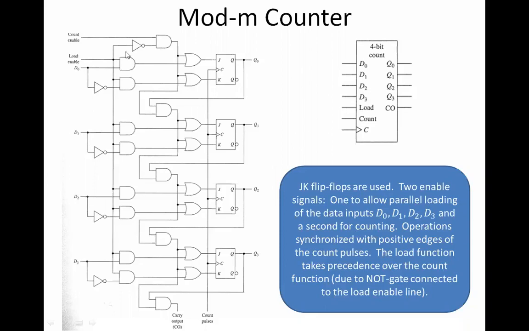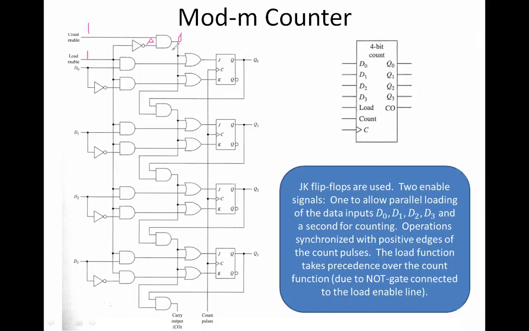Why will it not happen? Because of this inverter. If I say load enable, even if the count is 1 or 0, it doesn't matter, because my inverter will always throw up a 0. So let's say my count is 1, and I want to load the value also. What do you think is going to happen? 0 is going to come here, so I'm going to get a 0 here.